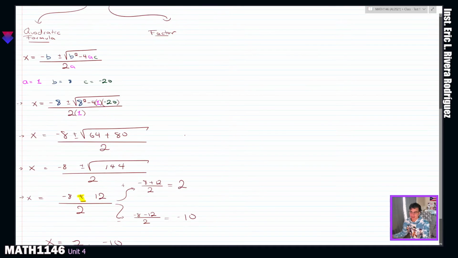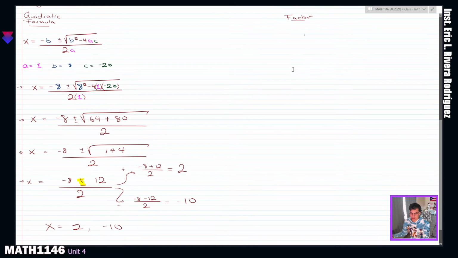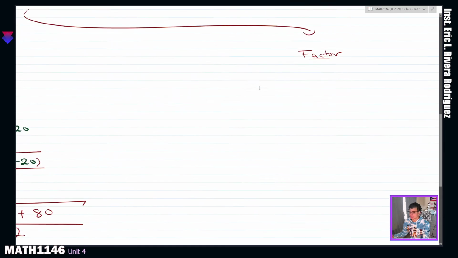Any question? So the other option is, if you are able to factor the quadratic equation, you are going to be able to solve this as well.